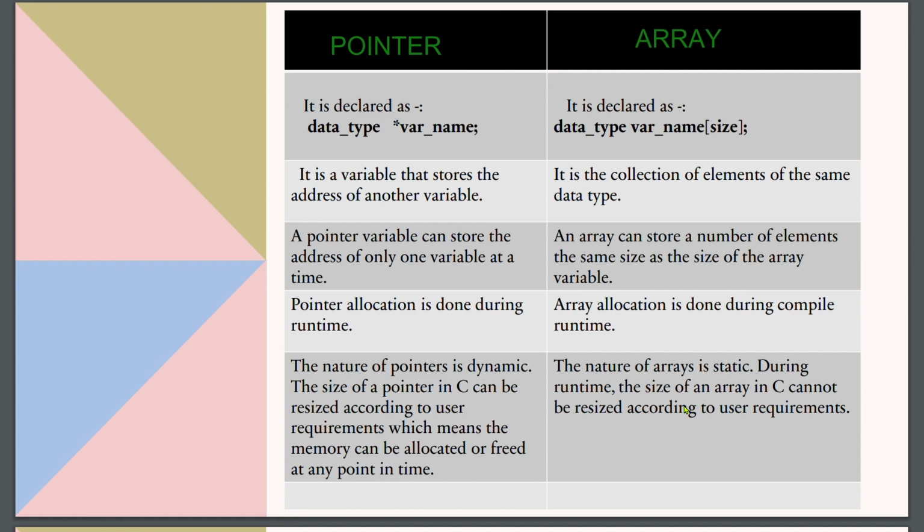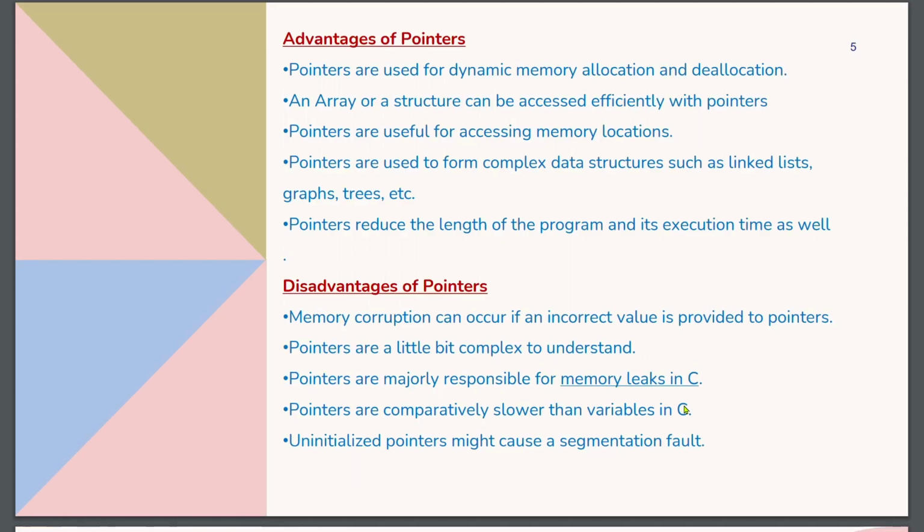Next, come to the next topic, that is advantages and disadvantages of using pointers. Pointers are used for dynamic memory allocation, which we have already told. We can alter the size of the pointer. An array or a structure can be accessed efficiently with pointer.